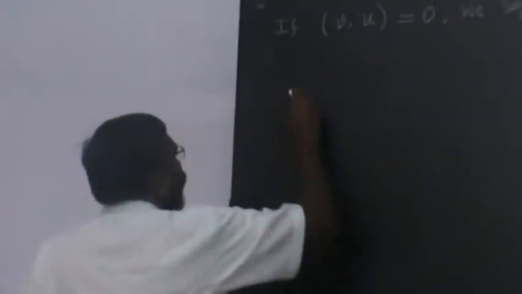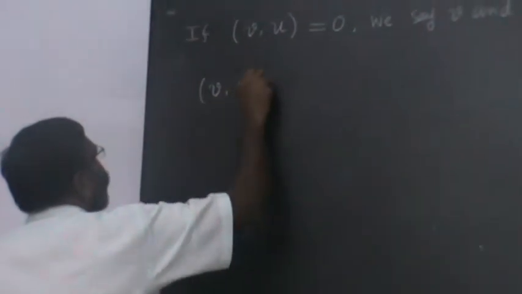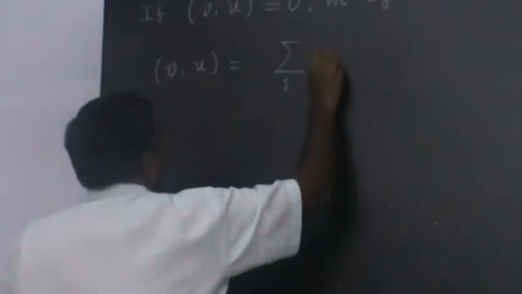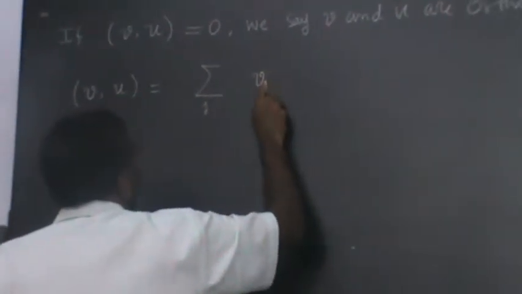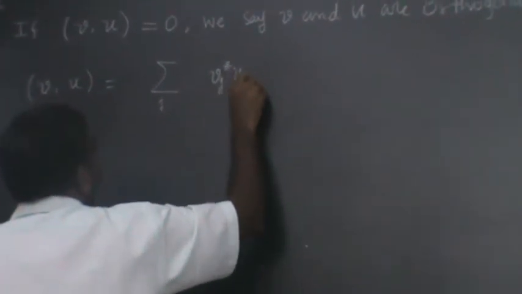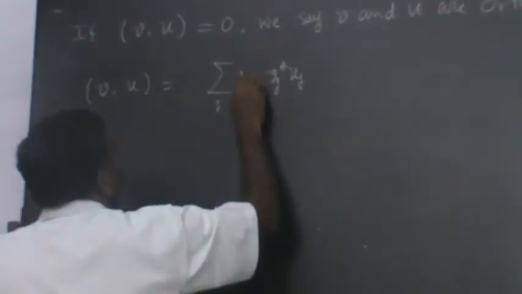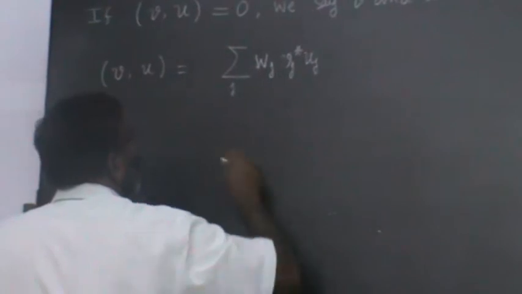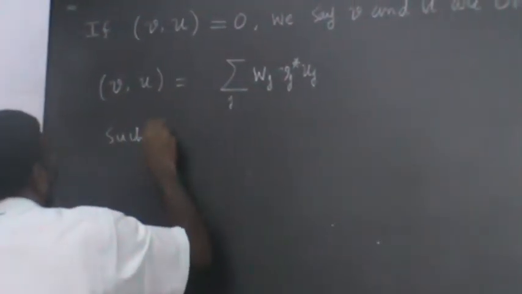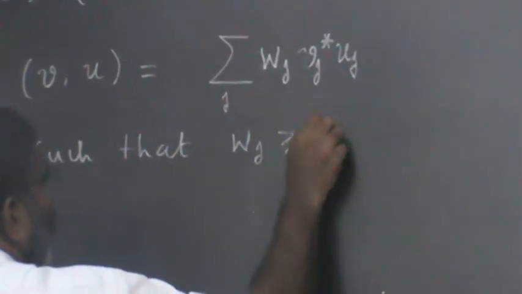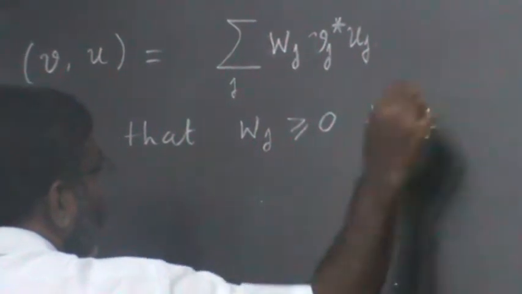For example, I can define the inner product V comma U, as I told you earlier, as the sum over j of Vj star into Uj. I have defined it this way. But more generally, I can put in some weights here, Wj, such that Wj is greater than or equal to 0 for all j.